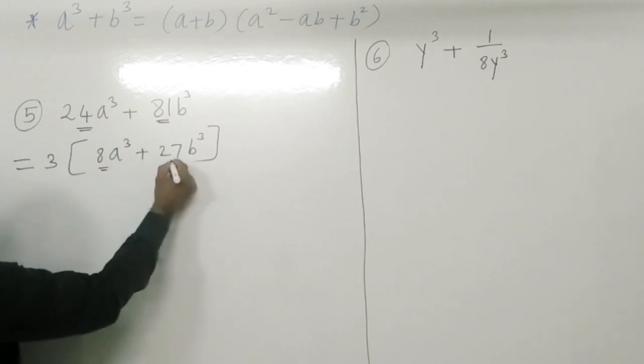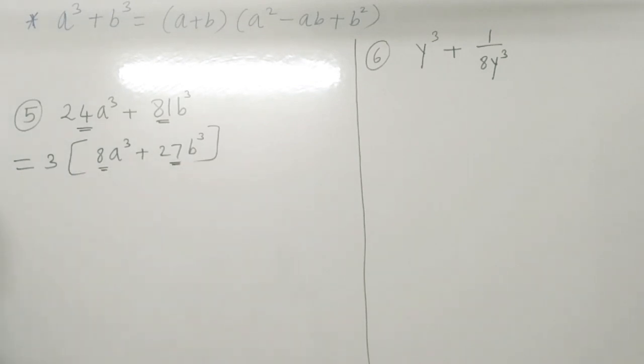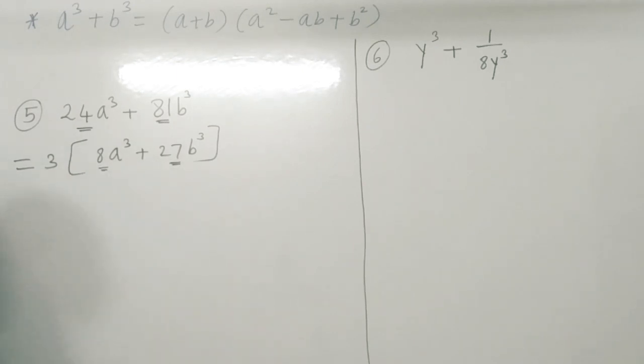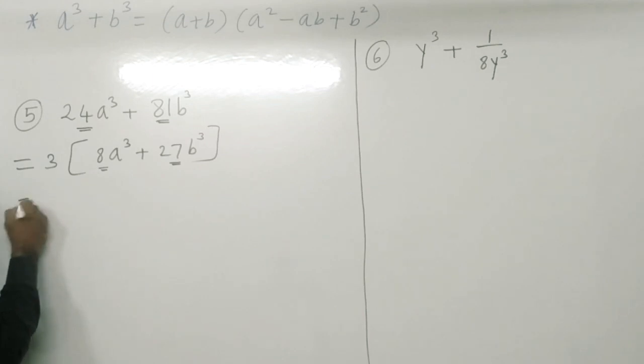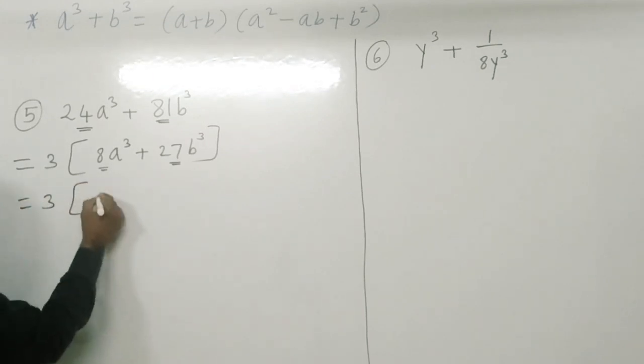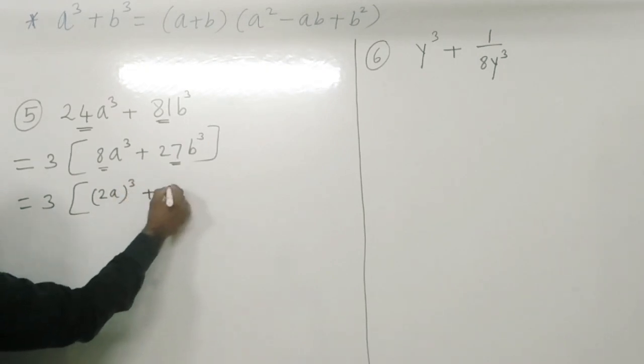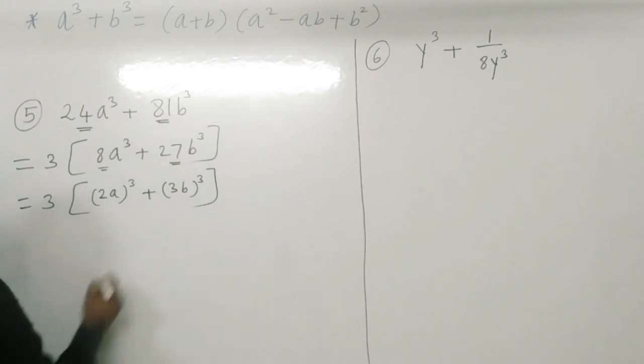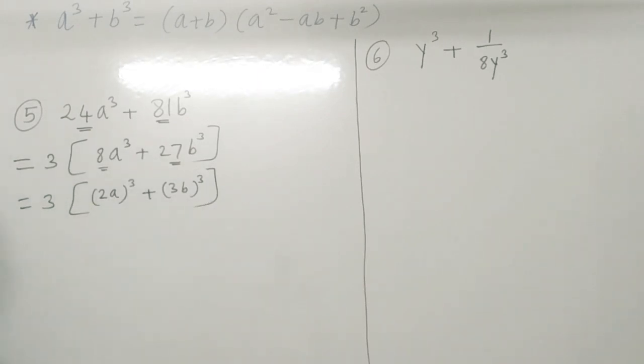Now these two terms can be written in the form a cube plus b cube. 8 is the cube of 2 and 27 is the cube of 3. So 3 into 2a cube plus 3b cube. Now we have written it in the standard form a cube plus b cube.